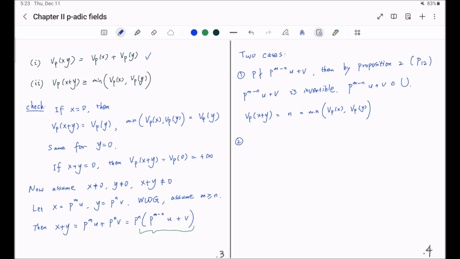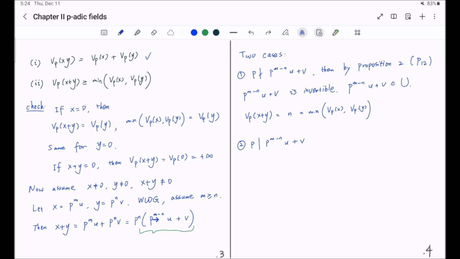And now consider the second case. The second case is when p divides p to the m minus n times u plus v.